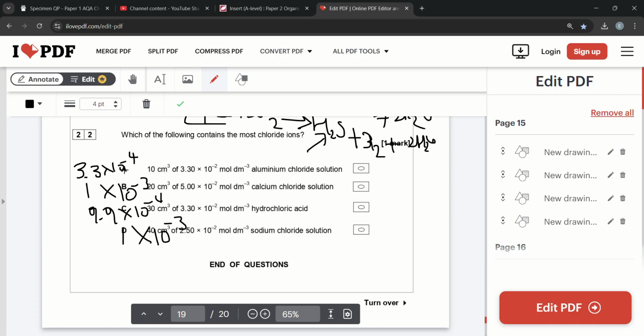So which one contains the most chloride ions? The most is going to be the one with the least negative power. This is 0.0033, that much. With this one, B, it's only 0.001.